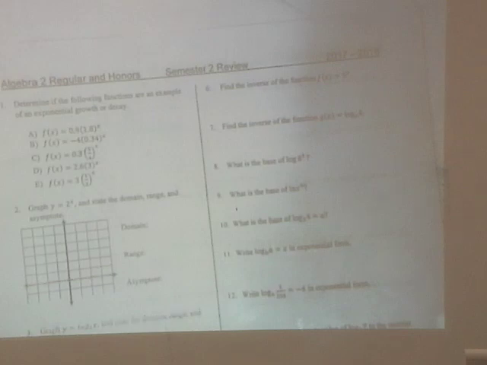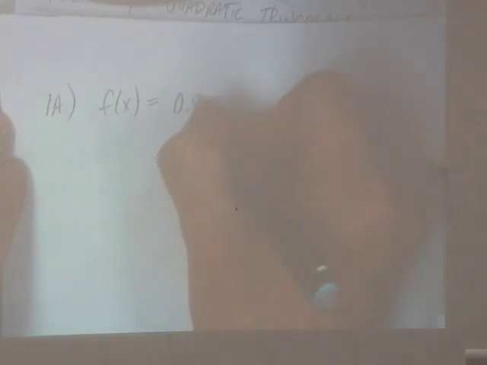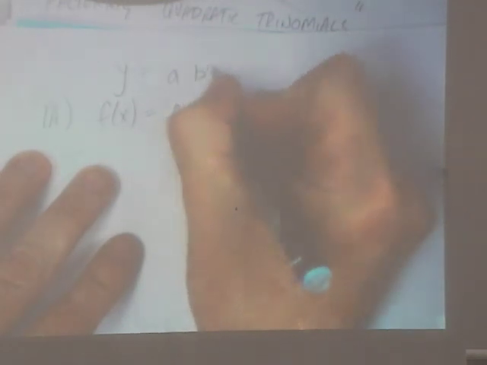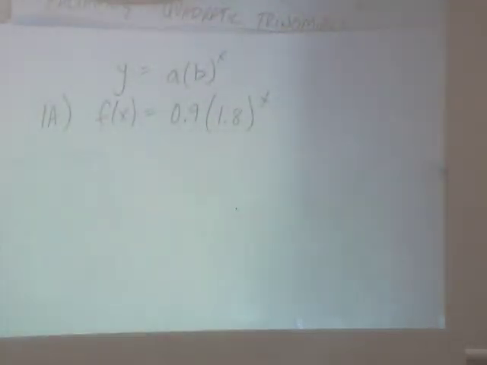Starting on number 1. It says, determine if the following functions are examples of exponential growth or decay. So remember, these have the form a times b to the x power.